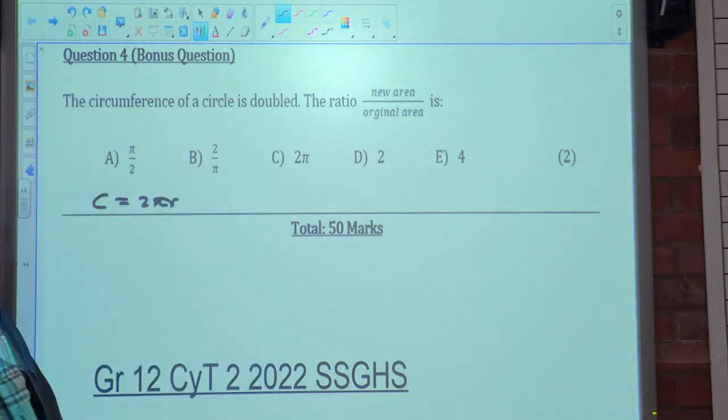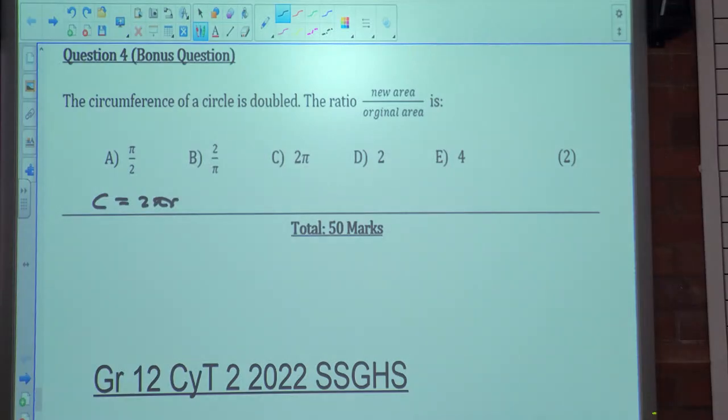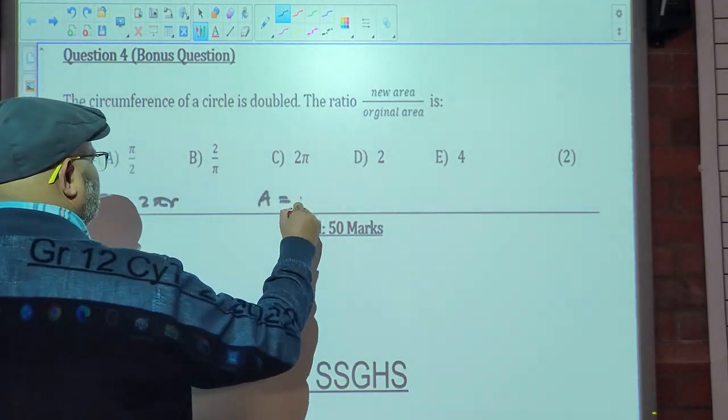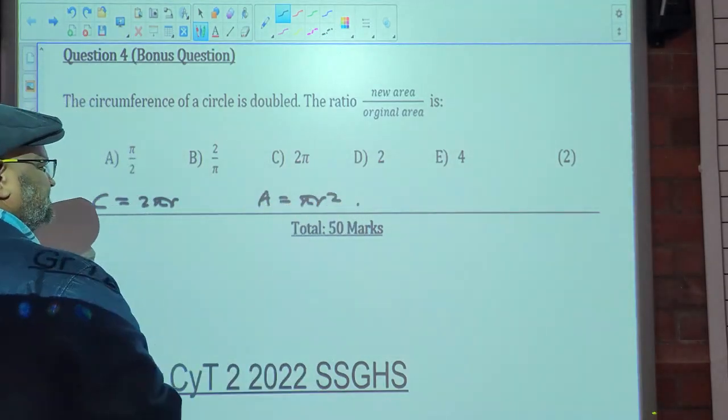So if the circumference is doubled, that means the radius has changed. How do you calculate the area of a circle? Area is equal to pi r squared.